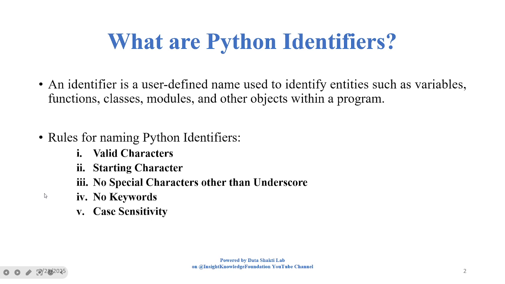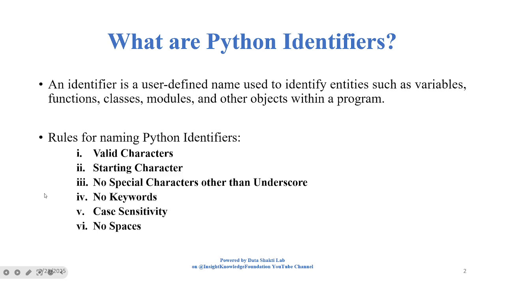Okay, then the next rule is no spaces. If we name an identifier, we should keep in mind that there shouldn't be any space in it. If we write two words and want to show that there are two words in the name, then to separate the words we usually use an underscore.